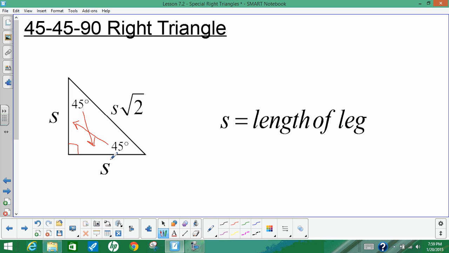So if both of these sides across from the 45-degree angles are S, then in this special triangle, the hypotenuse is S times the square root of 2. So this helps us if we know we have a 45, 45, 90, and we know just one of these sides, we can find all of the sides. So let's try that.